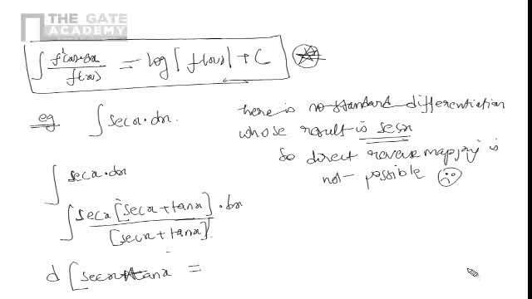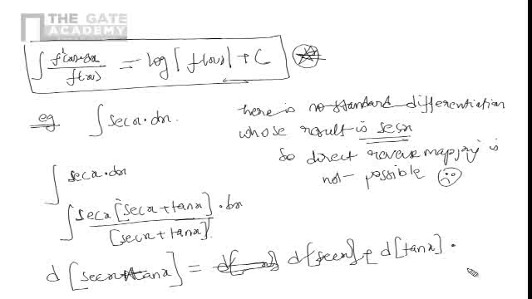The differentiation of a sum of two functions is the sum of the differentiations of the individual functions, correct? So it will be the differentiation of sec x plus the differentiation of tan x, with dx outside commonly.